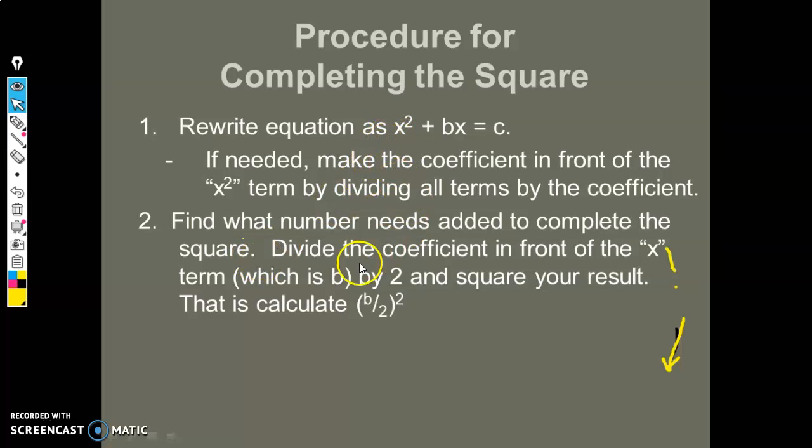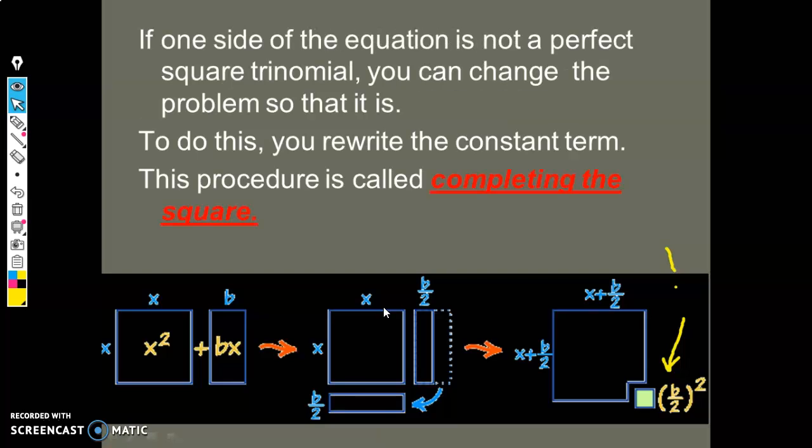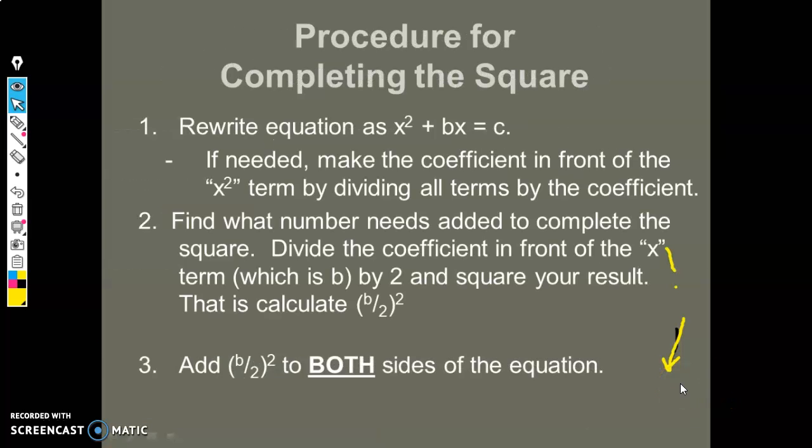Once you divide by that number, you need to figure out what constant needs to be added to make a perfect squared trinomial. So you divide the coefficient in front of x, that's the b part here, by 2 and square your result. That is b over 2 squared. That gives you the chunk I was talking about to create this perfect squared trinomial.